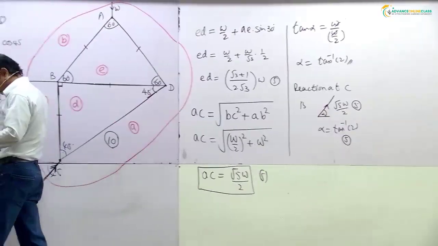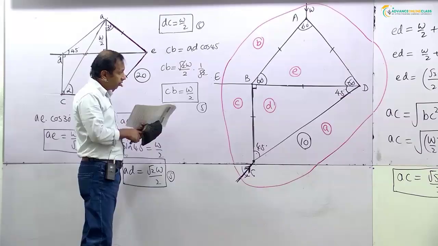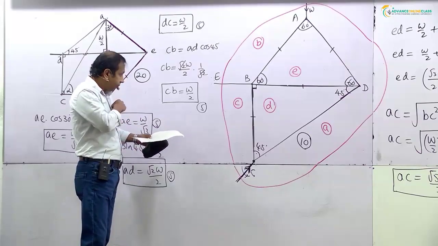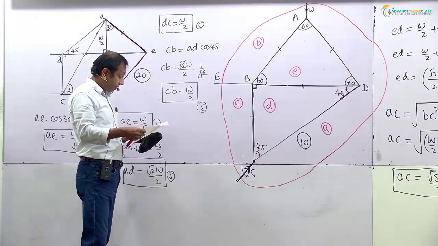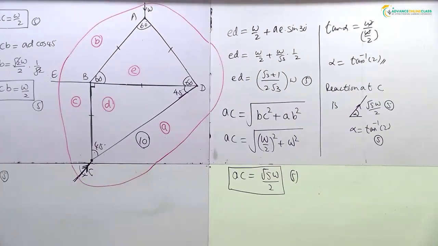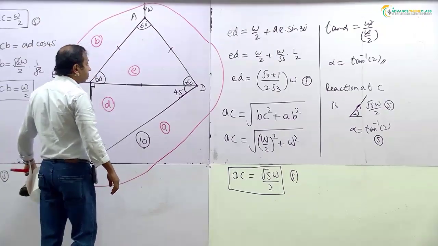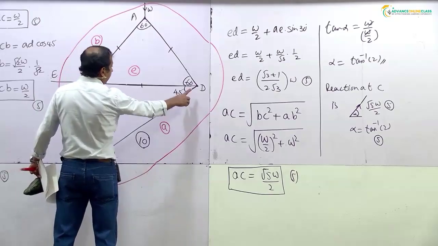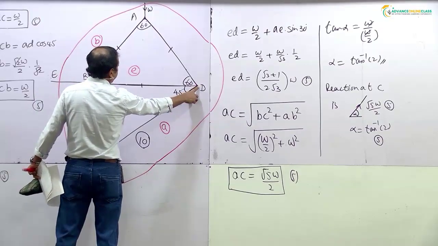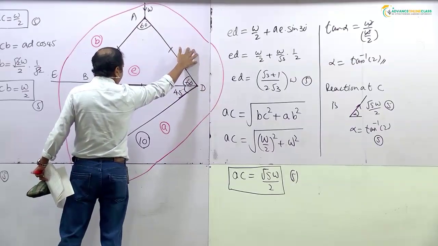Then finally, the table. Before that, we'll go to mark tension and thrust. When you mark tension and thrust, here we can come to the joint D. This was given by AE.